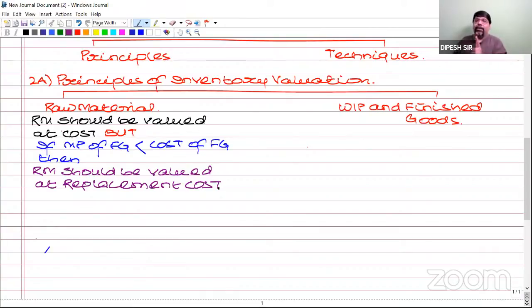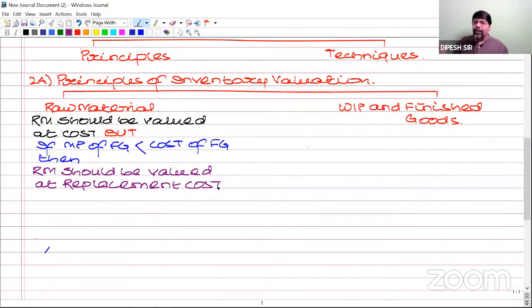Then market price should mean market price of buying or of selling? Market price of buying. Now look at raw material. Raw material should be valued at cost price or market price of buying, whichever is lower. I repeat, raw material should be valued at cost price or market price of buying, whichever is lower.